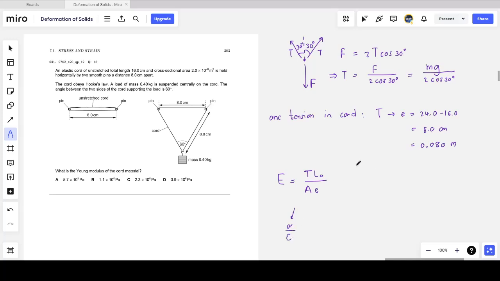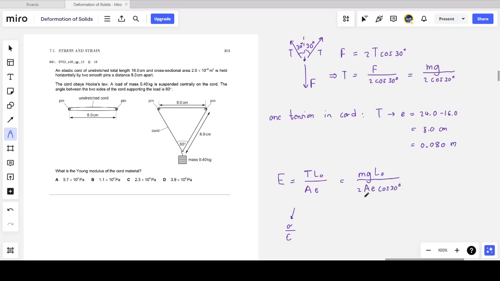That's where I get that equation from. It's force times original length over cross-sectional area times extension. And then I can replace T with the expression I have above, mg over 2 cosine 30 degrees. So this is mg L naught divided by 2A times extension E times the cosine of 30 degrees.